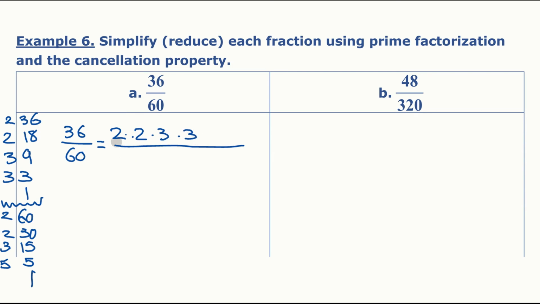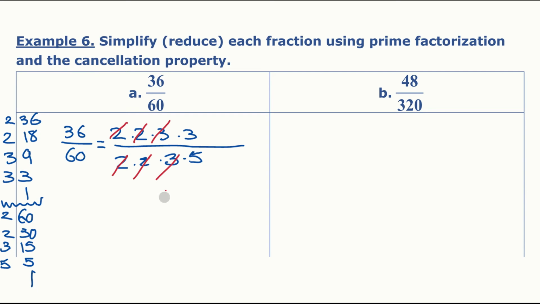For 60, we're going to write 2 times 2 times 3 times 5. Now we're going to use the cancellation property, which basically says you can cancel some of these items, right? So we can cancel these pair of 2's, and then those 3's.